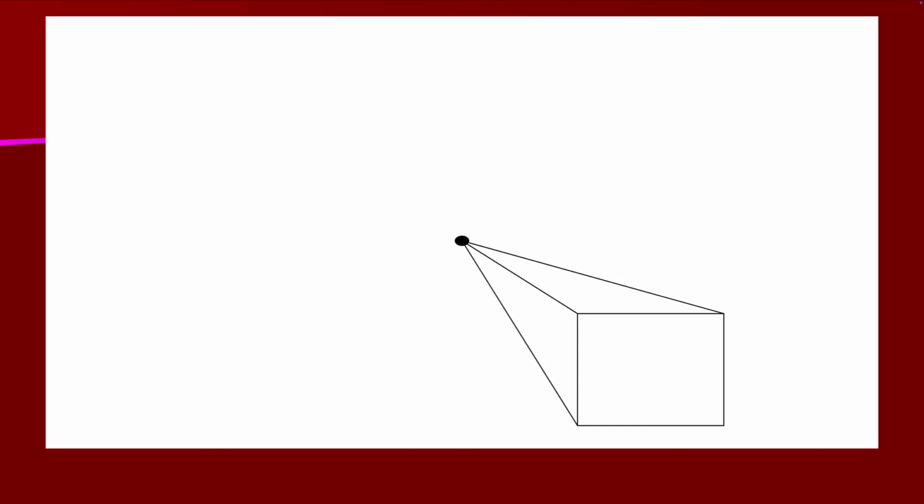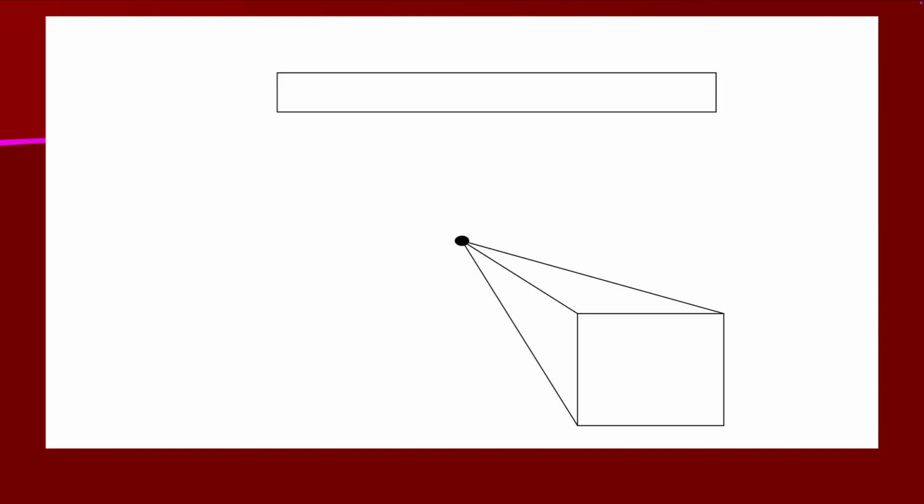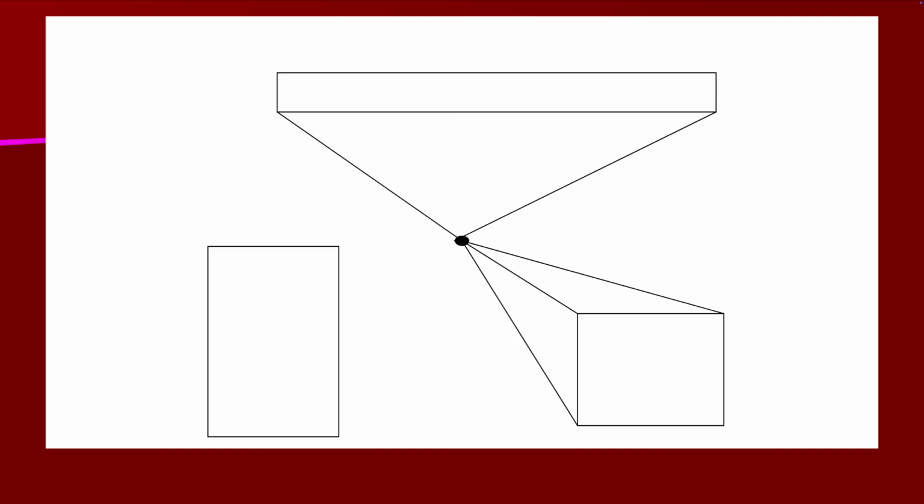So you connect the corners with orthogonals to the vanishing point. Then let's try a long, narrow rectangle at the top of your image. And you draw that. And then you connect the corners to the vanishing point. Let's do another. We'll draw a rectangle in the lower left corner, and we're going to connect those corners using orthogonals.